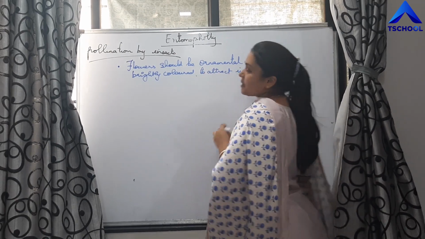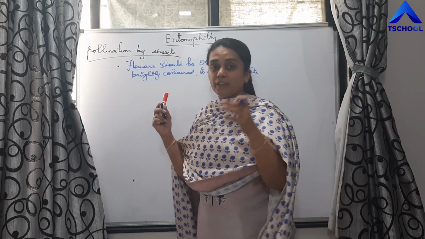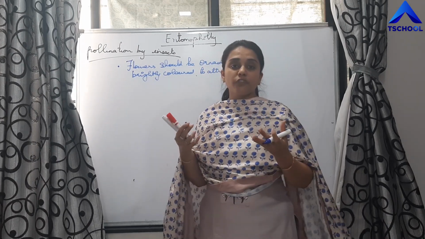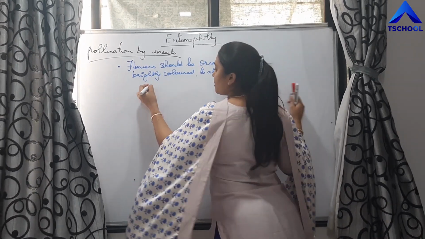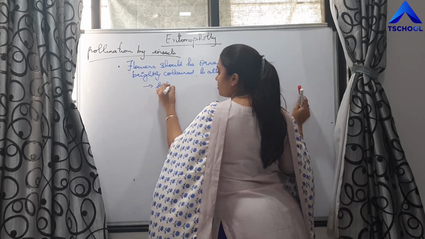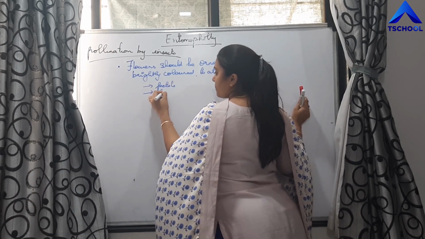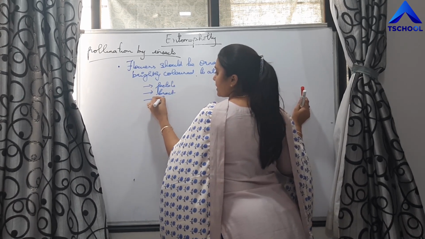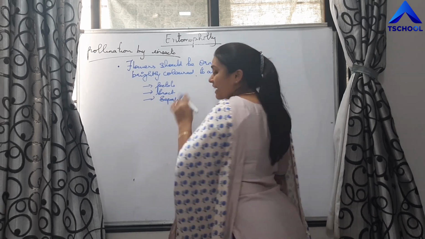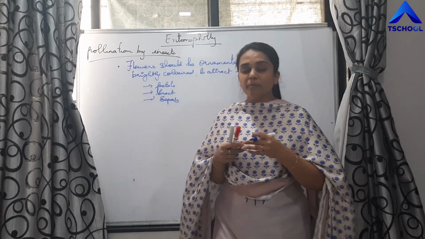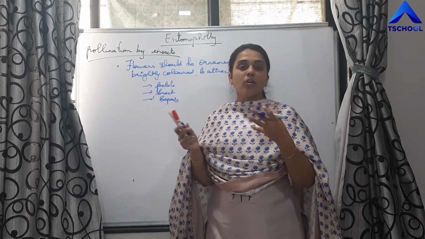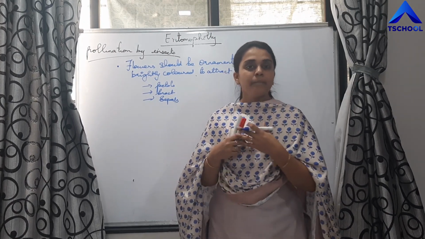This is the first adaptation that the flower should make. If so, there are different parts of the flowers which can be brightly colored. Either it can be petals, or it can be bract, or it can be sepals. Right? Any part of the flower should be brightly colored and ornamental to attract the insects.